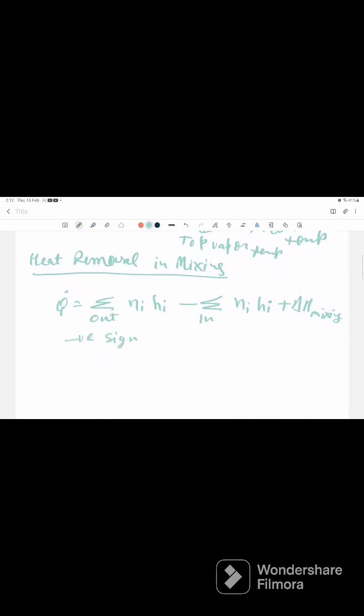The negative sign indicates heat to be taken out of the tank.